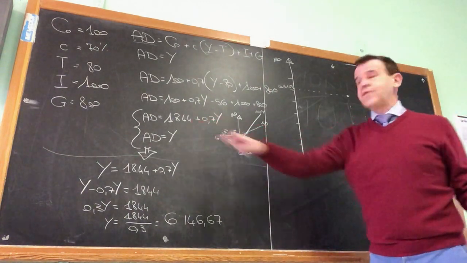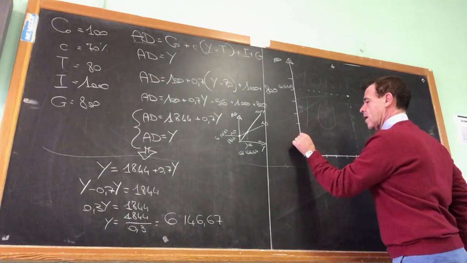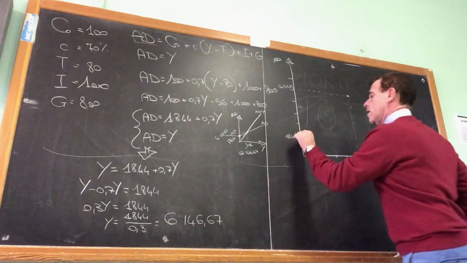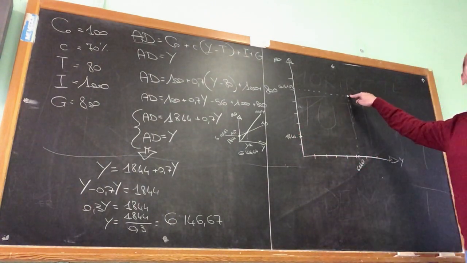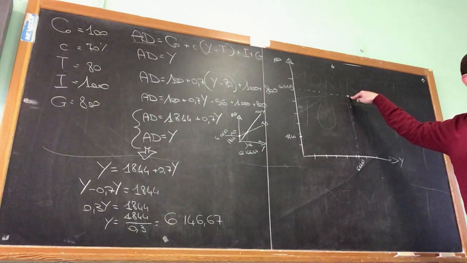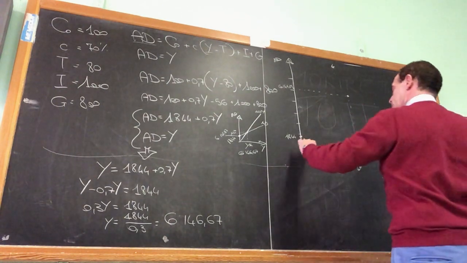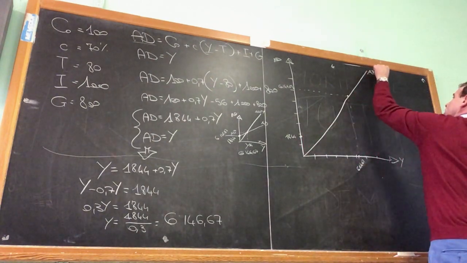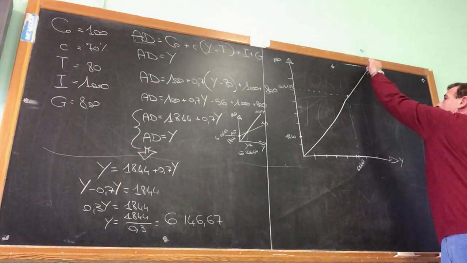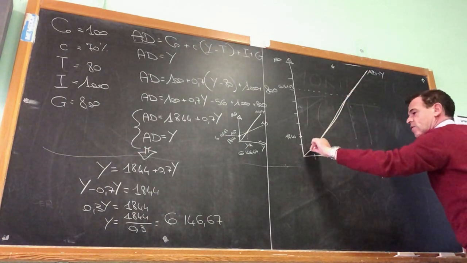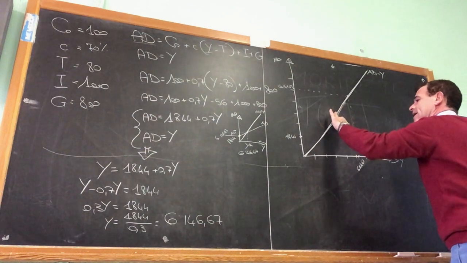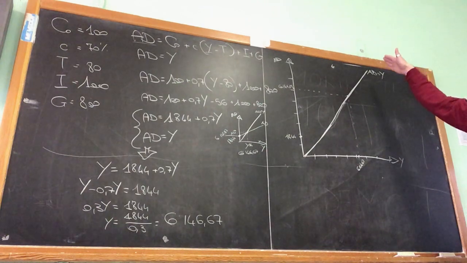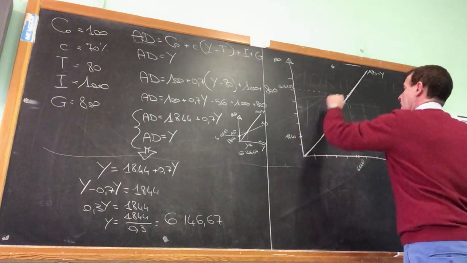And then 1844 is here. So we know that the equilibrium point will pass both by the line where AD is equal to y. You remember this is the straight line representing all the equilibrium points in all the possible systems that exist. And here we have our aggregate demand.